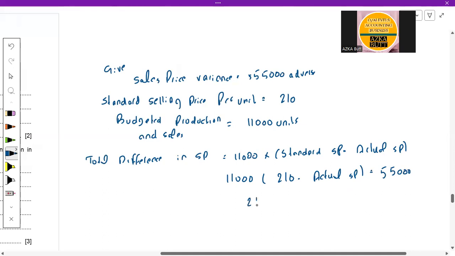So 11,000 times (210 minus actual selling price) is equal to 55,000. This is multiplied here, so when we shift it to the other side, it becomes divide.